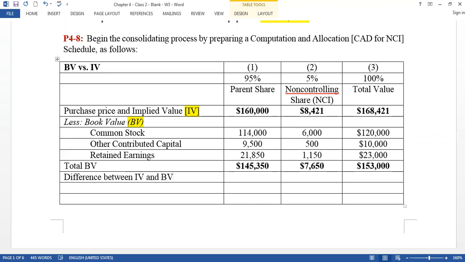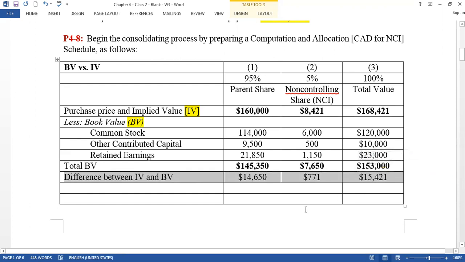We are going to calculate the difference between implied value and book value. What is the difference here? The difference here is 14,650. Here the difference is 771. And here the difference is 15,421. So this is the difference.